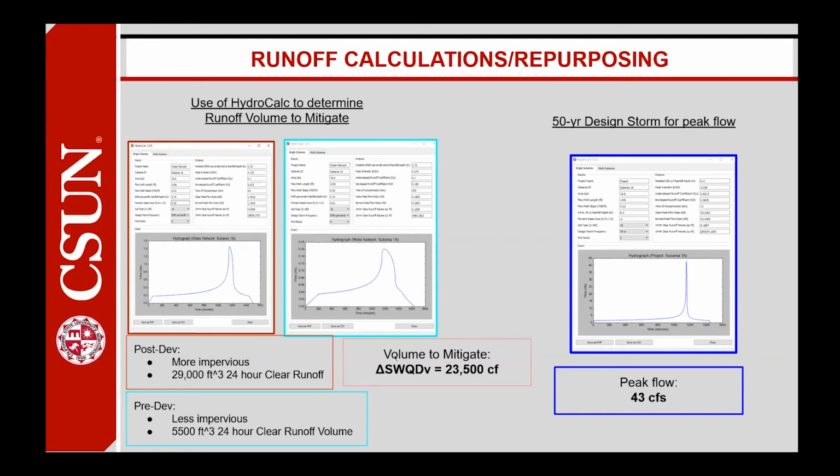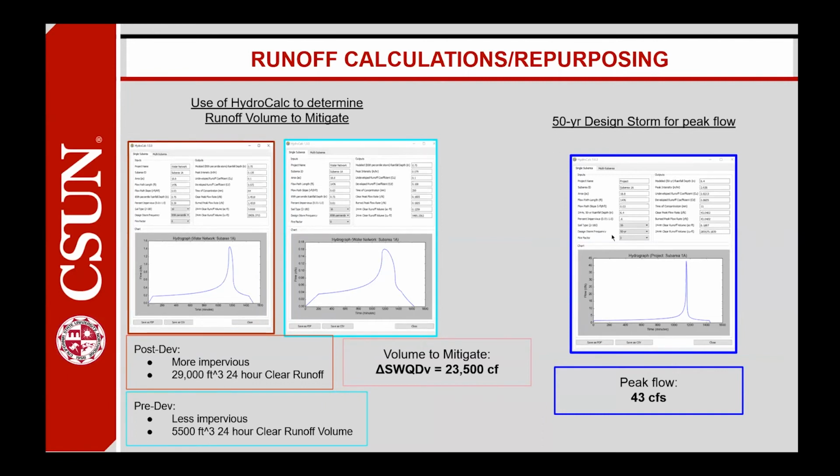And then we found the volume to mitigate that we need to capture per storm of around 23,500 cubic feet. That's around 170,000 gallons.